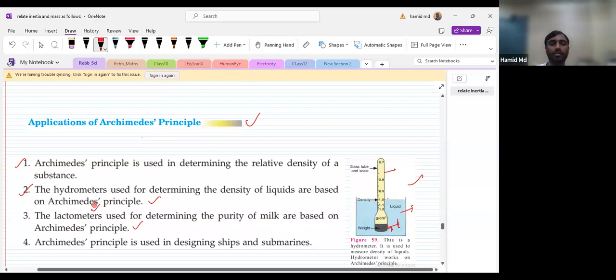So if we are not matching the same reading on this scale, then the milk may have some mixing or something, right? So the lactometer is a machine based on this principle, used to measure the purity of milk. Archimedes principle is also used to design ships and submarines. So you write it down.